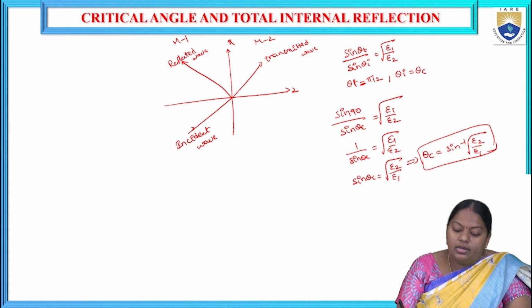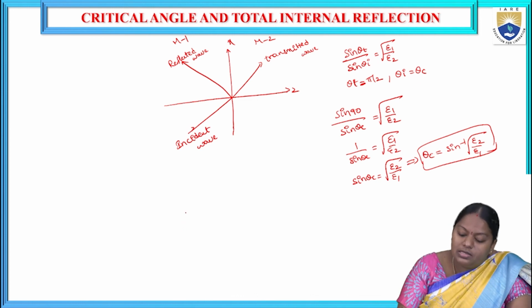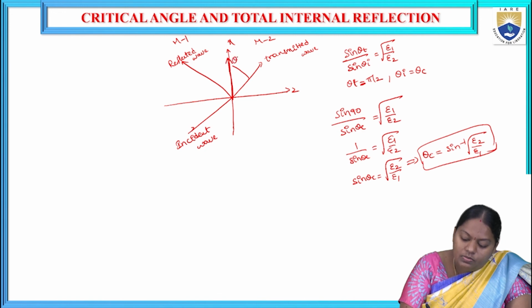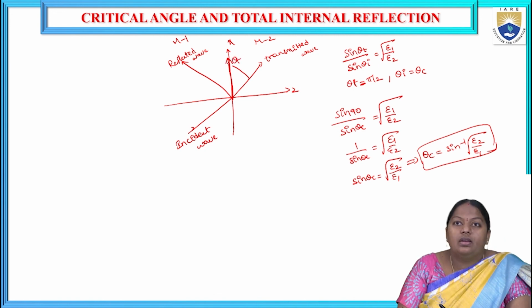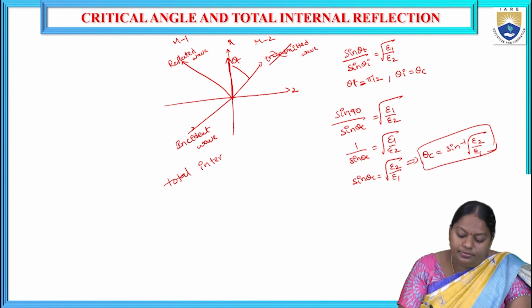At theta t equal to 90 degrees, the transmitted wave is aligned exactly on the axis. The entire incident wave is reflected back to the same medium. There is no transmitted wave. The process is said to be total internal reflection.